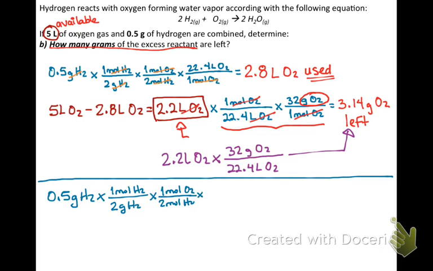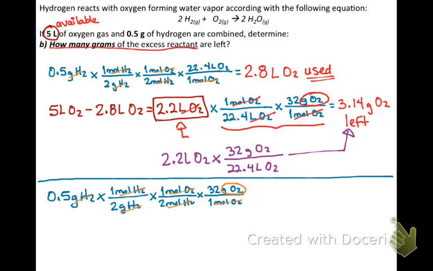And then here use the molar mass instead of the molar volume: 1 mole of oxygen equals 32 grams of oxygen. We cancel units, and this is the grams of oxygen that will be used by the 0.5 grams of hydrogen.